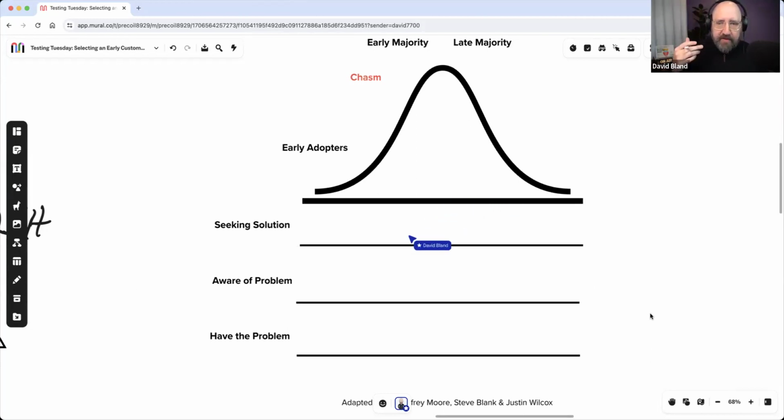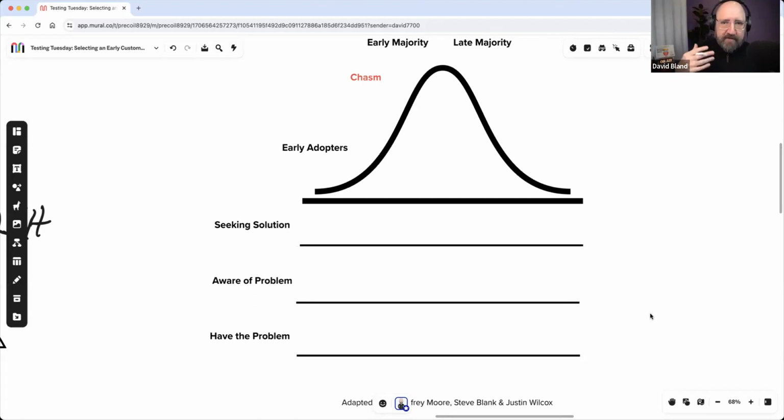So when you think about how they are different, we talked about just even go-to-have, problem, aware, seeking. What does this look like in the big picture? How are these people different from other segments and our strategy and everything?